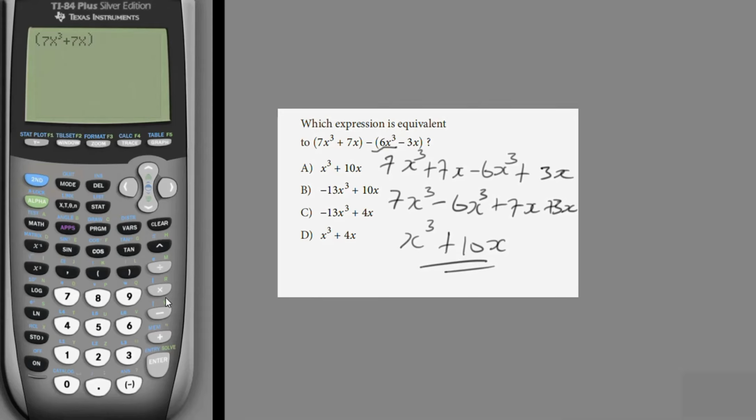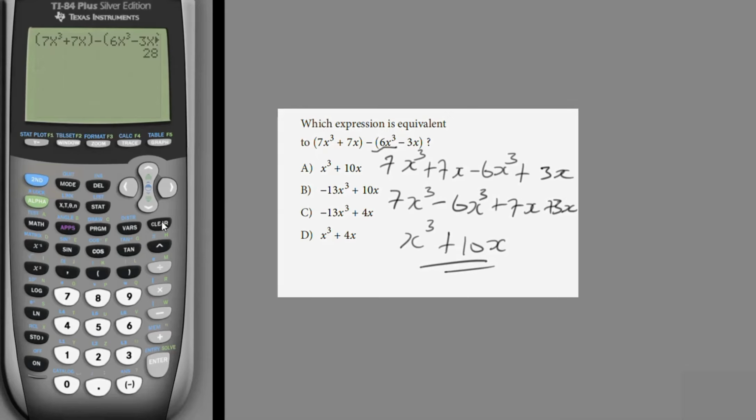We have minus, open bracket, 6x to the power 3, come down, minus 3x. So that's what we have there, right? You close the bracket. Let's press the enter button. We have 28. So right now we're going to check option A and see if we get 28.